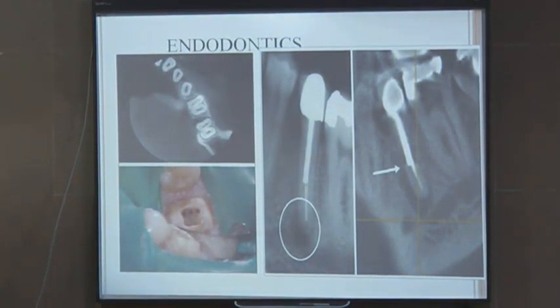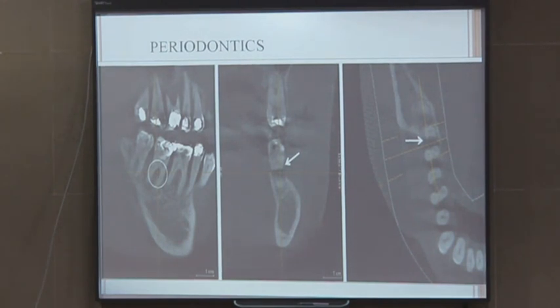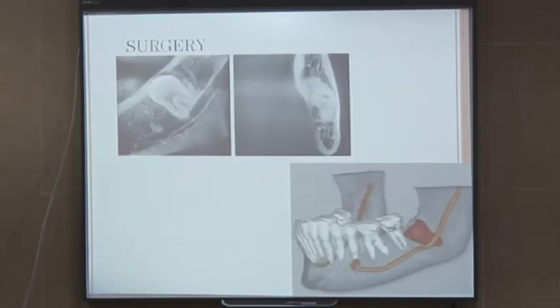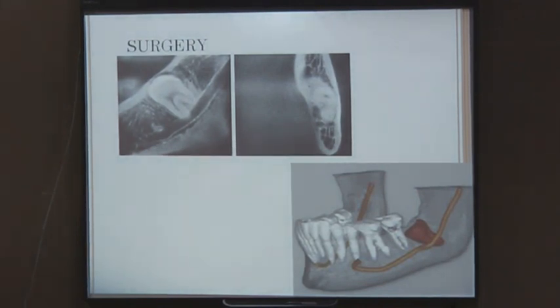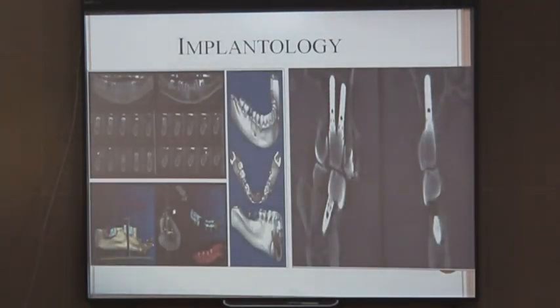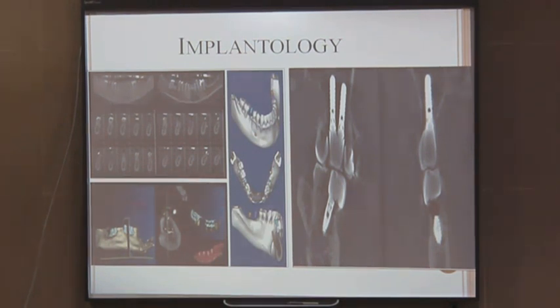So its applications are endodontics, periodontics. You can see nice furcation involvements. Surgery, the major use: you do a nerve tracing and you have this ABC of your impaction, right? So it is best used for that. And then for implant assessment, you can see the height, you can see the width, you can see the proximity to your anatomical structures.